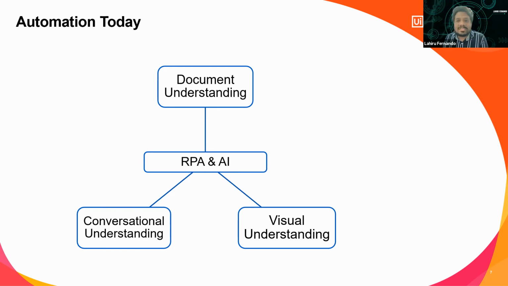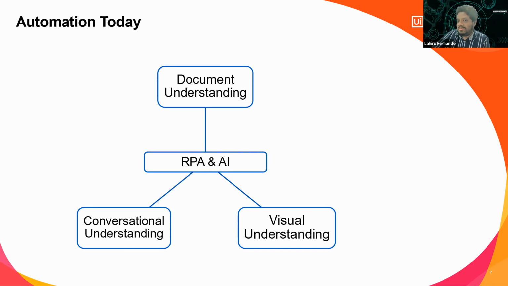Those have different layouts. Those can be handwritten, scanned documents. All these things are done by AI today. So everything we do today is actually a combination of RPA and AI, working together to help us do these things.